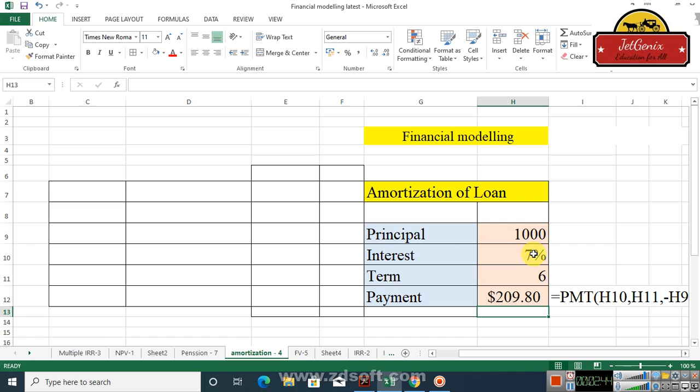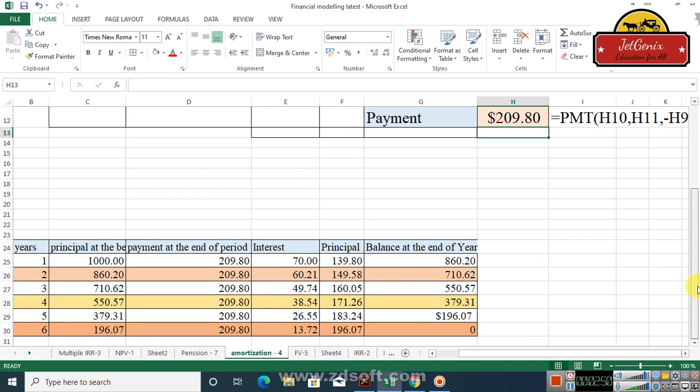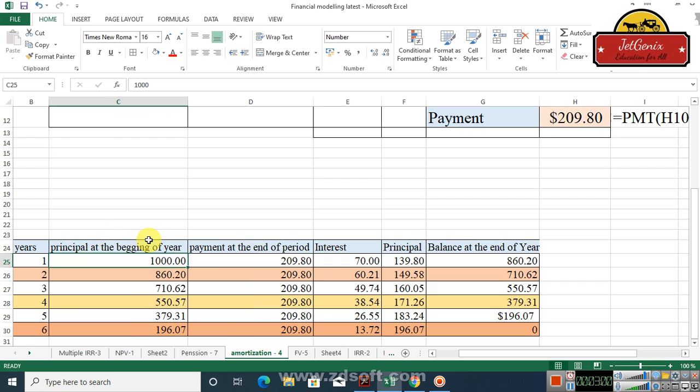If you want to analyze whether we have calculated the right amount or not, just scroll down and come to the table I have constructed here. This is year number 1. We have the principal at the beginning of the period. You see, it's 1,000.